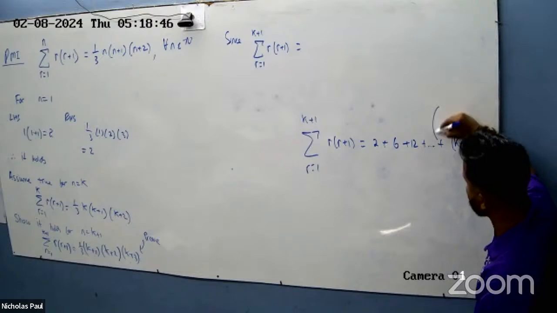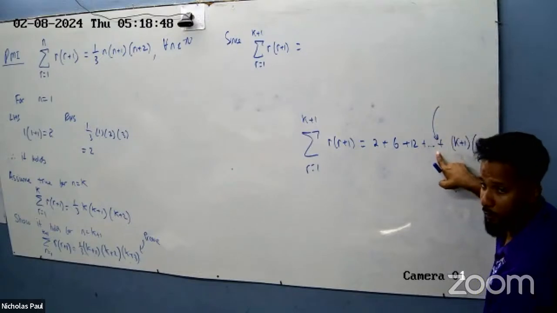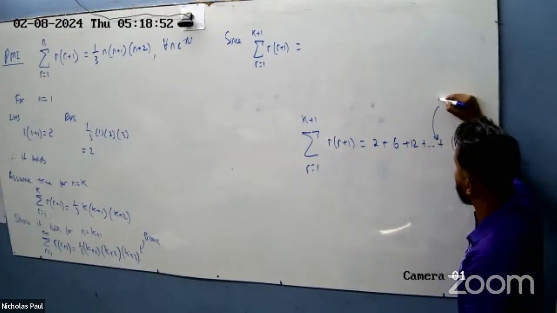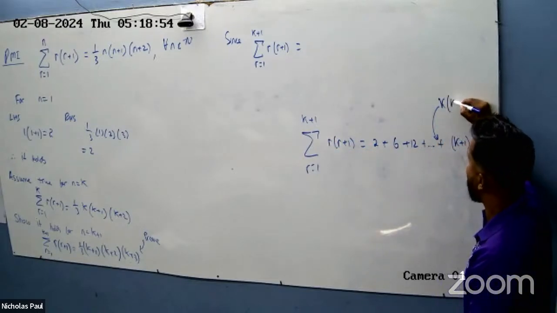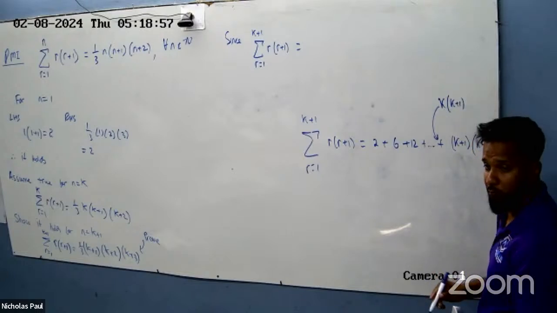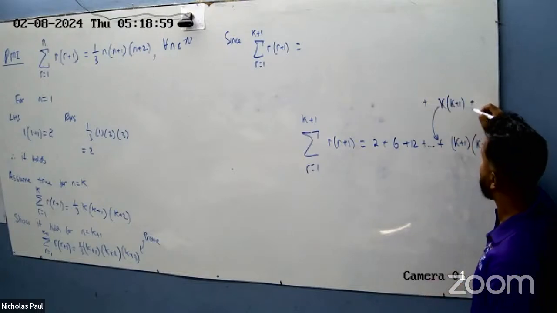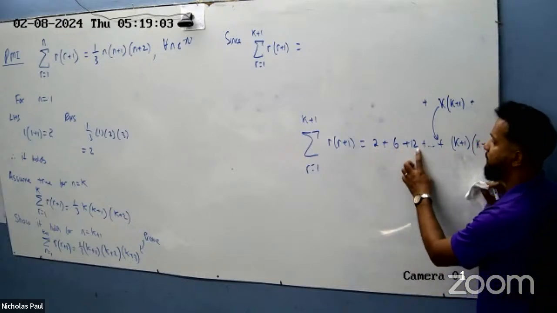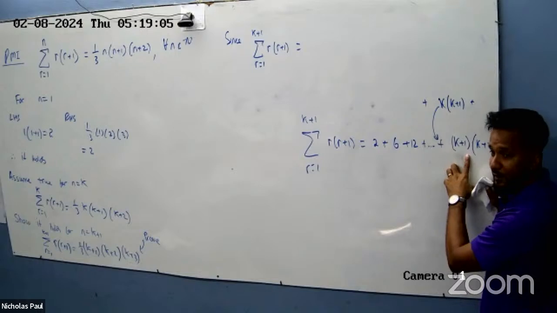Just one quick question. What's the term just before this? K, right? So if I plug in k here, I'll get k by k plus 1. That's the term just before this. So first term, second term, third term, second to last term, last term.